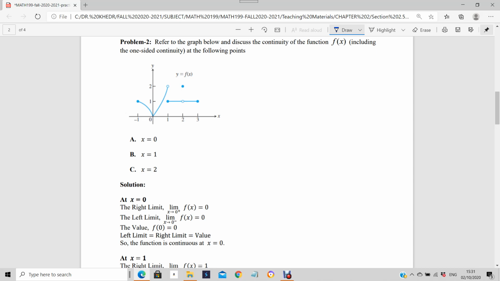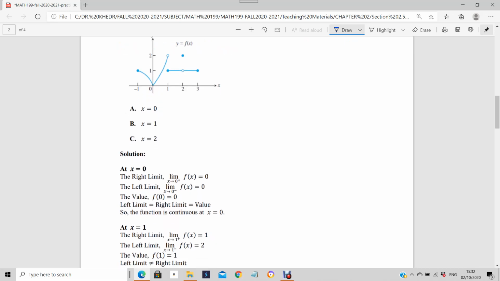Now when we move to the other point at x equals 1, here if you find the left side limit, you will find that the left side limit is equivalent to 2 and the right side limit is equivalent to 1. As you approach x equals 1 from left side, you have to follow this graph.